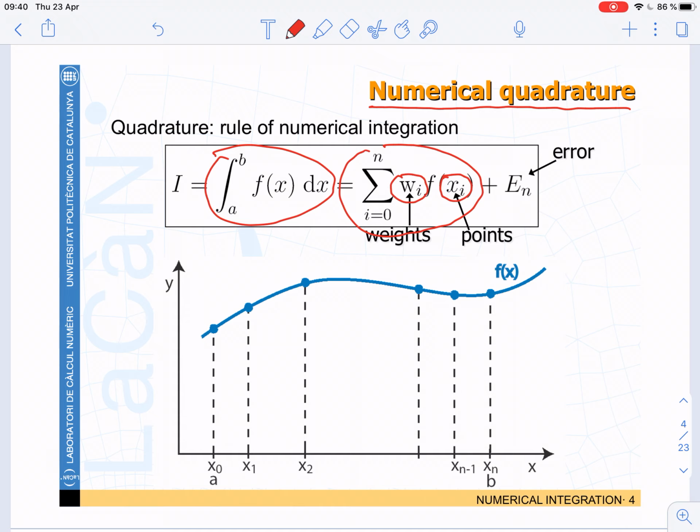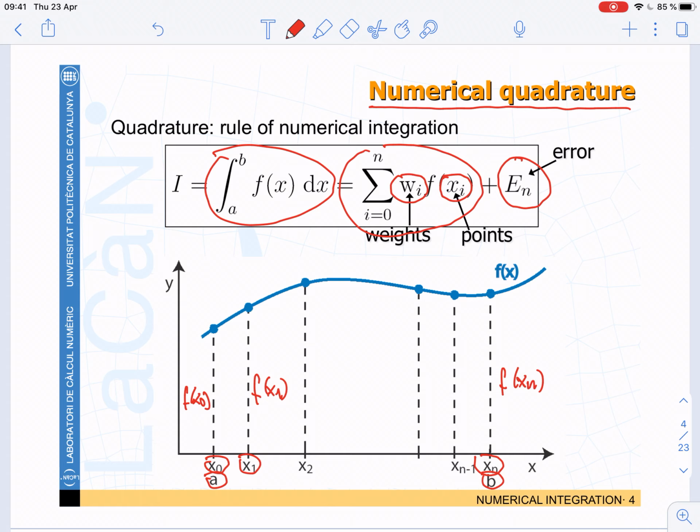So, for instance, in this figure, we have interval a, b, and we have chosen integration points x0, x1, down to xn. And the goal is to approximate the integral as a weighted sum of images f(x0), f(x1), dots, f(xn). If we approximate the integral by means of the sum, the integration or truncation error is en.